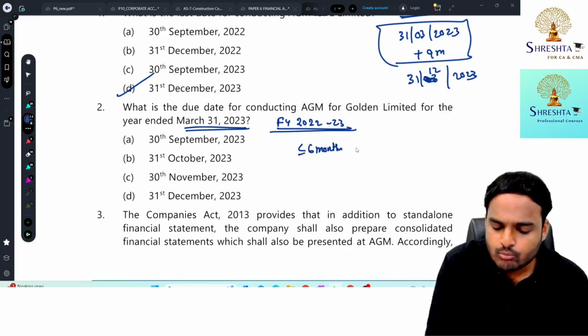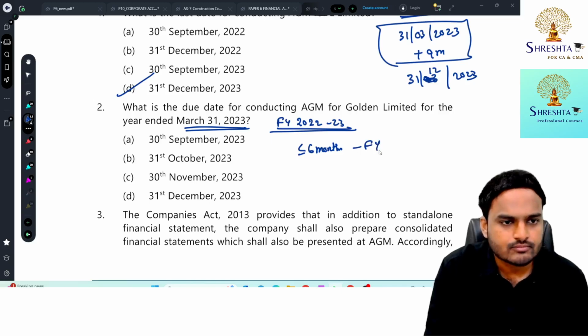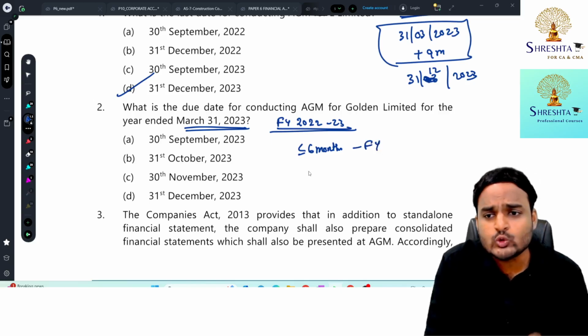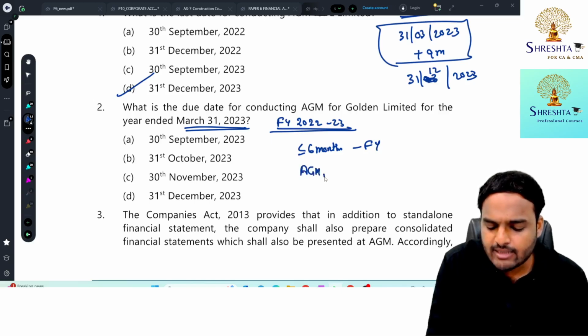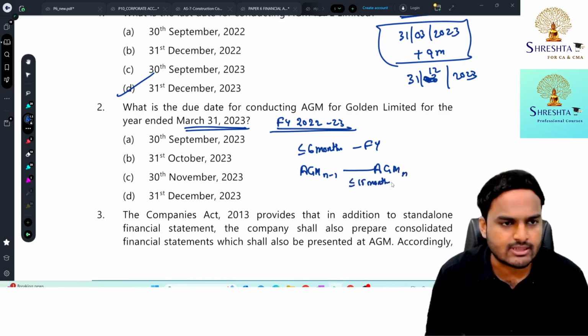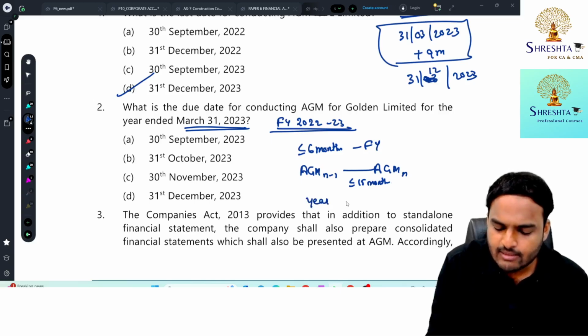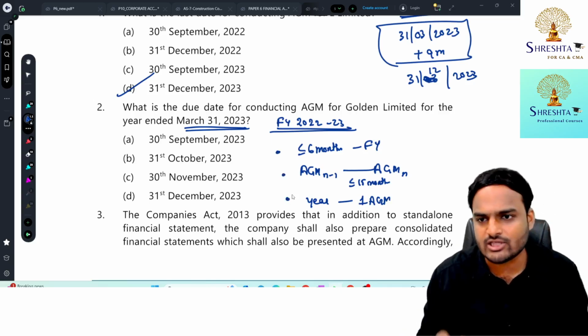The maximum time gap between two AGMs shall not exceed 15 months. Every year, company has to conduct one AGM. So satisfying these three conditions, you need to fix the due date of AGM.